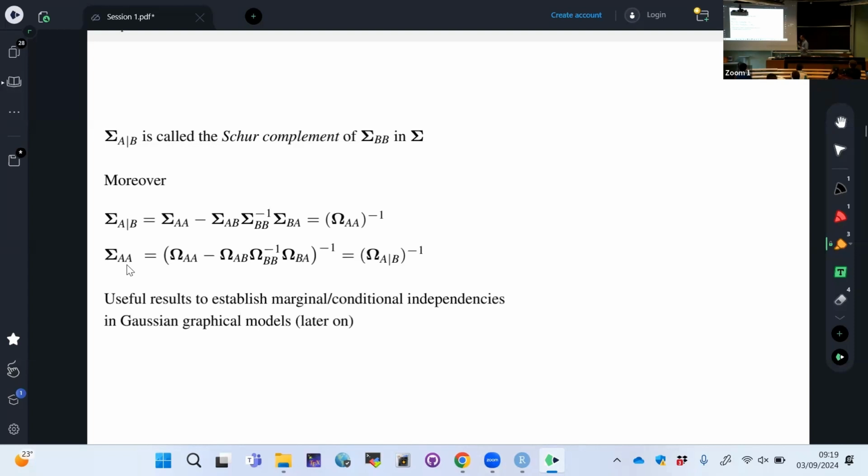While if we want to look for conditional independencies, which is precisely the case in graphical models, it is easier to deal with precision matrices. So we will look not for zero entries in the covariance matrix, but for zero entries in the precision matrix, if we are interested in conditional independencies. These are two very useful results for Gaussian graphical models as well.